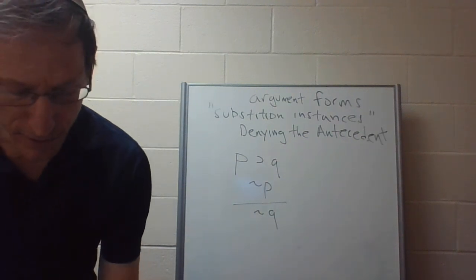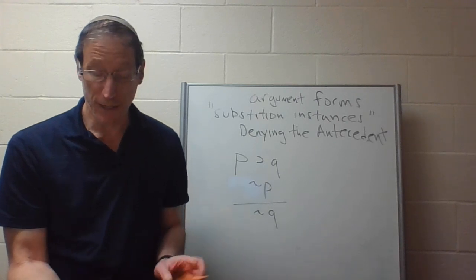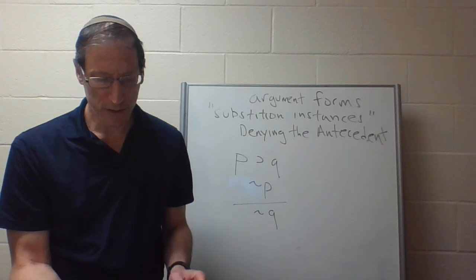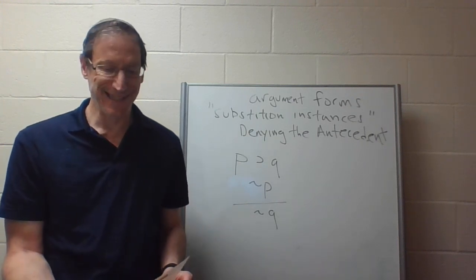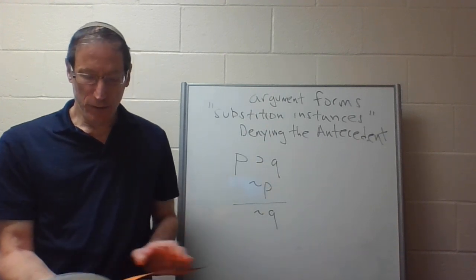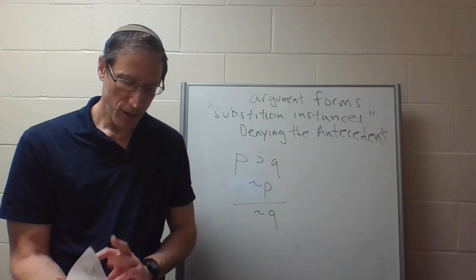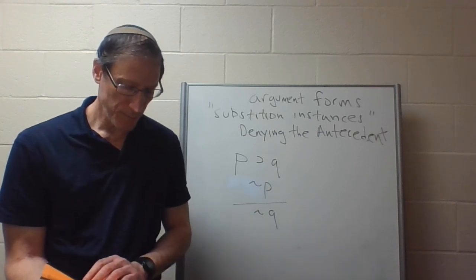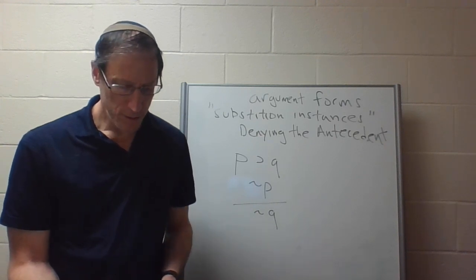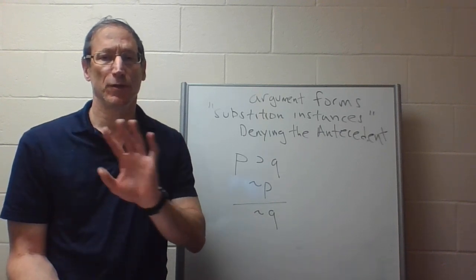Now, the book does give you a few other examples of argument forms, which I'm not going to bother going through on the board. There's something called constructive dilemma and something called destructive dilemma. They're a little complicated. I invite you to look at them in the book and see if you can follow the discussion of those argument forms. You can browse through, but you don't have to worry about them.